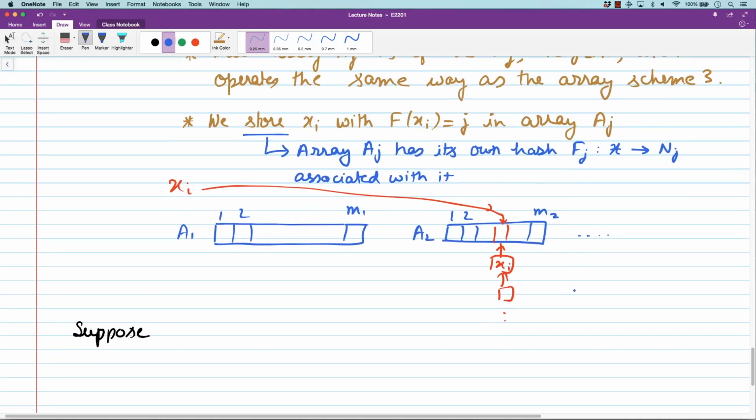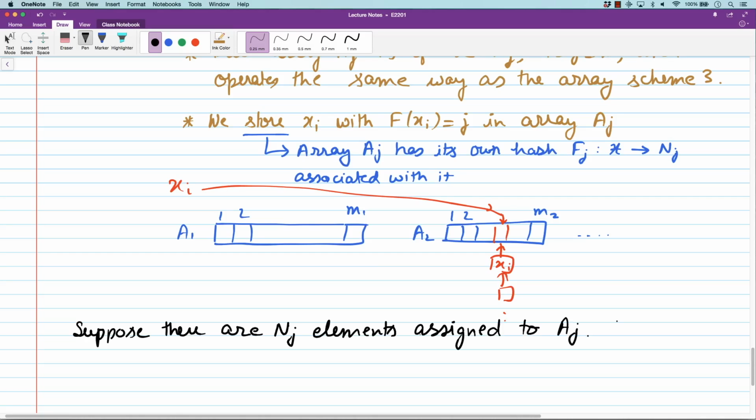And suppose there are nj elements assigned to the array aj. So actually we should not think of this hash as from x to nj.